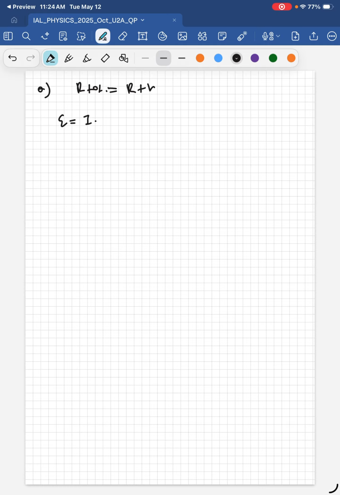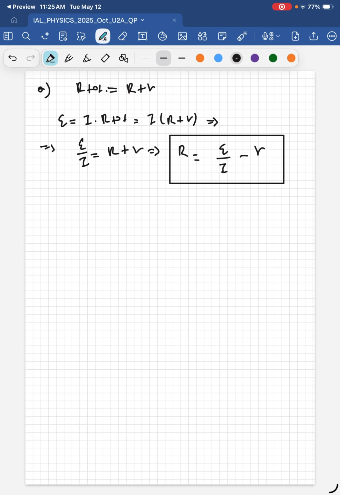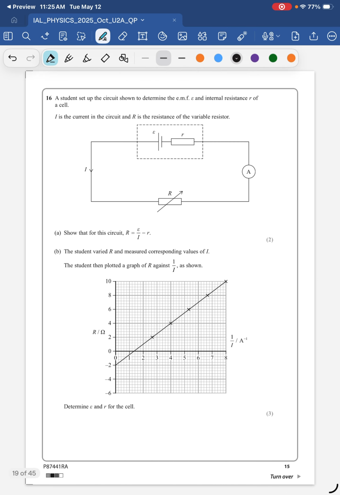So the EMF is I times R total, so that's I times (R plus r). So E over I is R plus r. So we can write that R is E over I minus r, which is what they ask to prove.